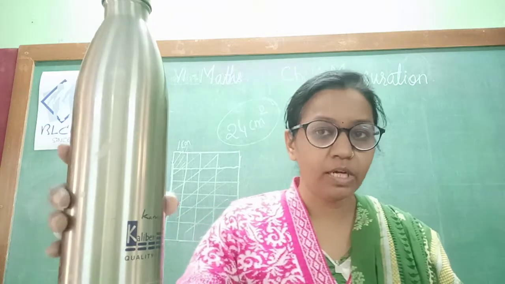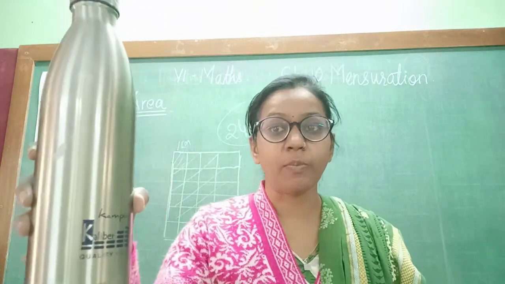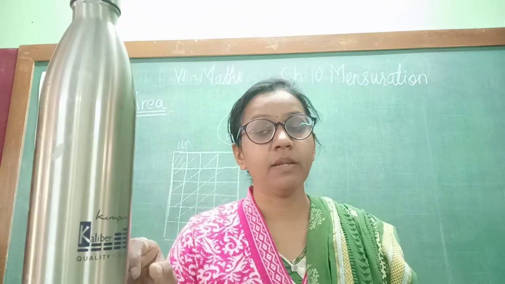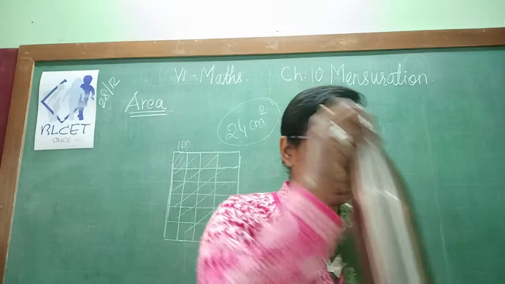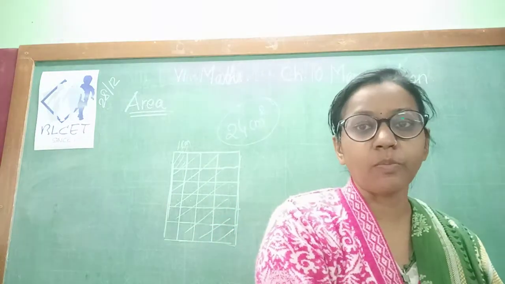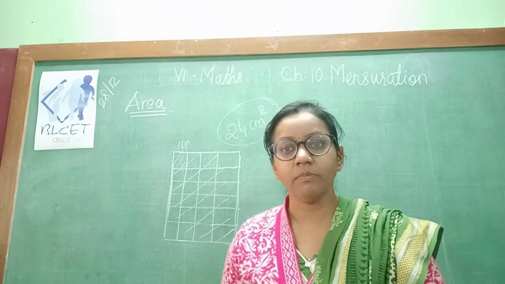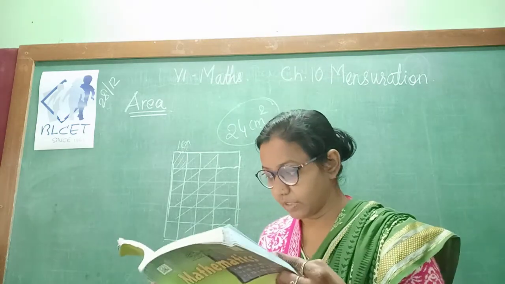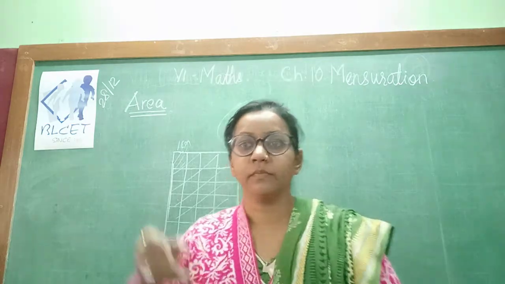So if you know the bottom view is a circle, then a circle is occupied on the table. So that circular measurement, if you do, is the area of that given water bottle. In the same way, there are so many various objects and their areas are a little bit different from each other. So this is all about the concept of area. Thank you.